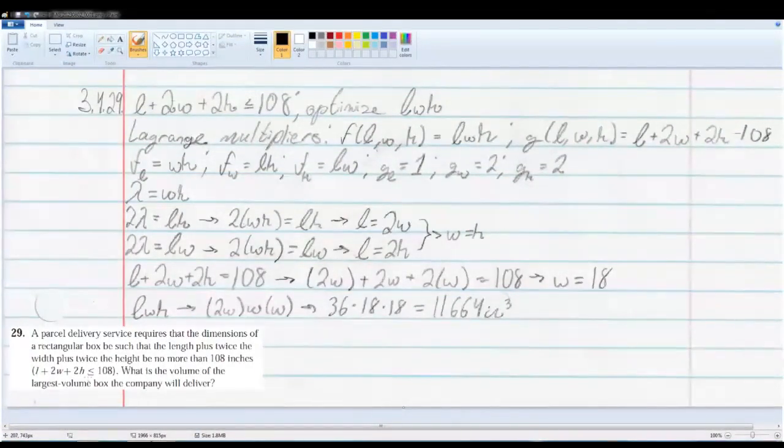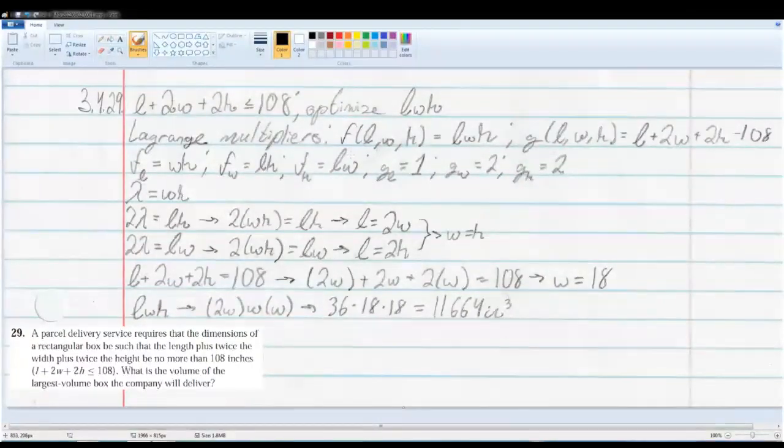And the inequality can get a bit complicated. So because it must be less than or equal to 108, I decided to simplify that to equals 108 because the largest volume, which is what we're optimizing, length times width times height, will definitely come out of the largest possible box. So it should be 108.